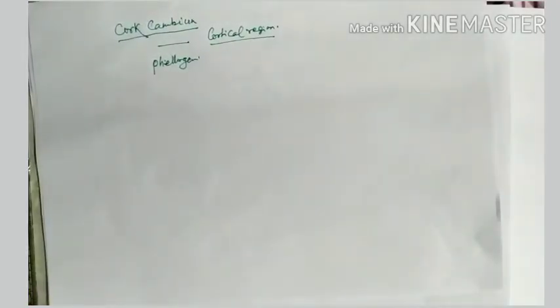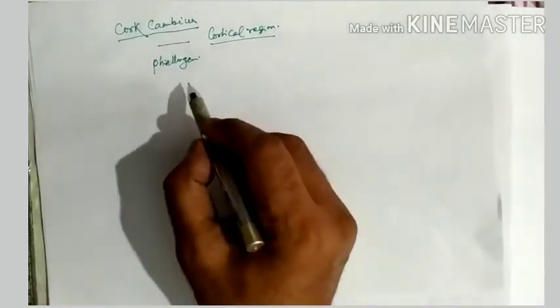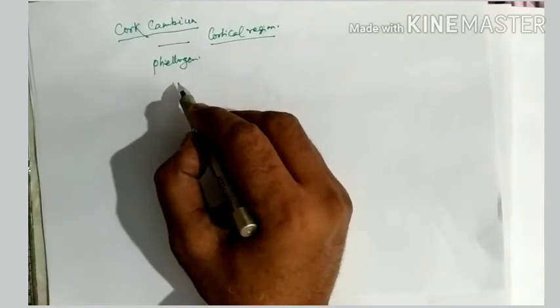The cells of the cortex are activated, and it forms secondary cortex toward the circumference.